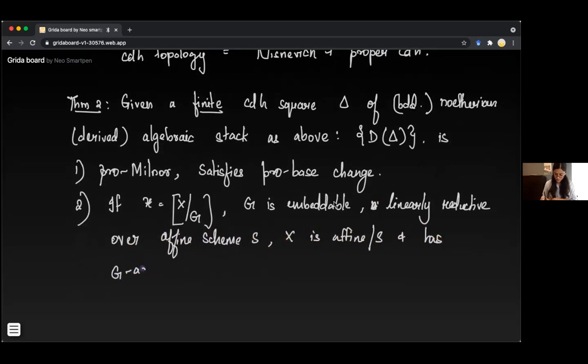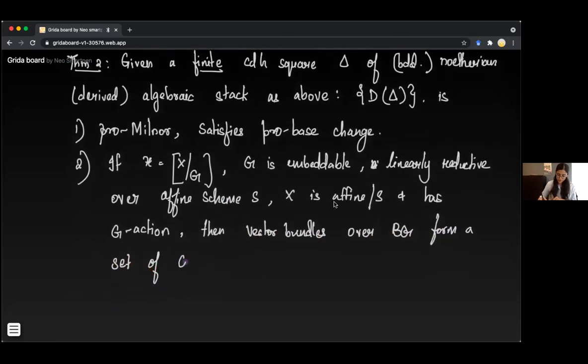Then G is a linearly reductive group, so you can take the irreducible representations of G over S, and these would form basically the projective generators. So then vector bundles over BG form a set of compact projective generators.